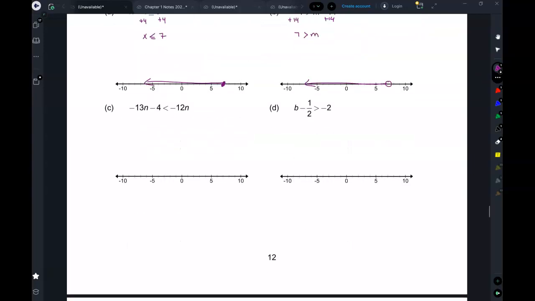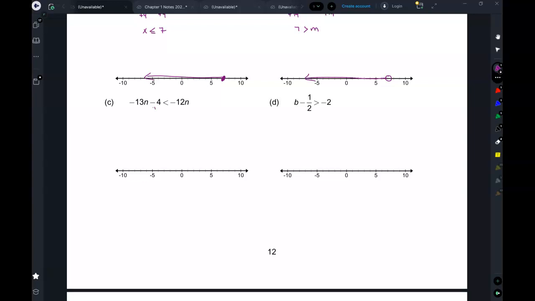Okay. Next one. I'm going to add 4 to both sides. So I get -13n less than -12n plus 4. Now what? Add 12n to both sides. -n less than 4.